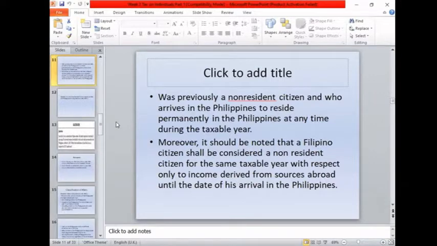Then in the month of July, I go outside the Philippines to reside abroad and to stay for a living or for a common good.